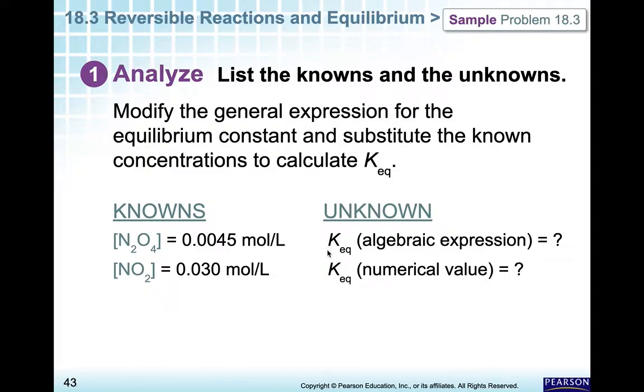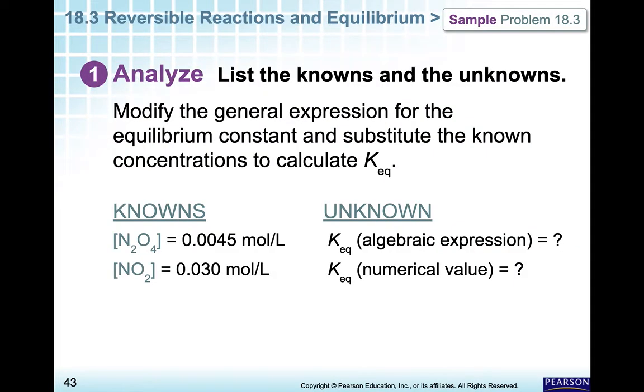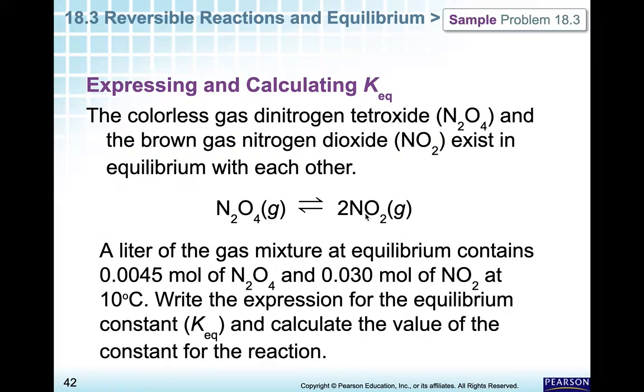We're looking to do two things. We want the expression for the equilibrium constant, and we want its actual numerical value. So we have to start here. Remember, our expression is products over reactants. Let's go back, look at our expression. Here's our product.